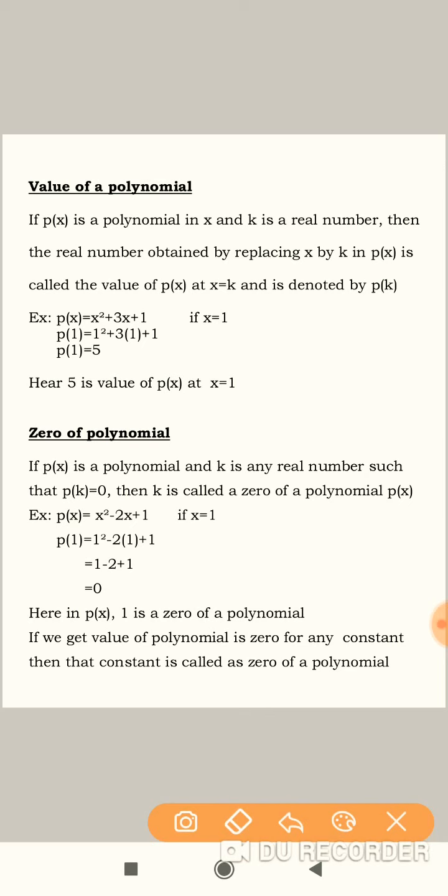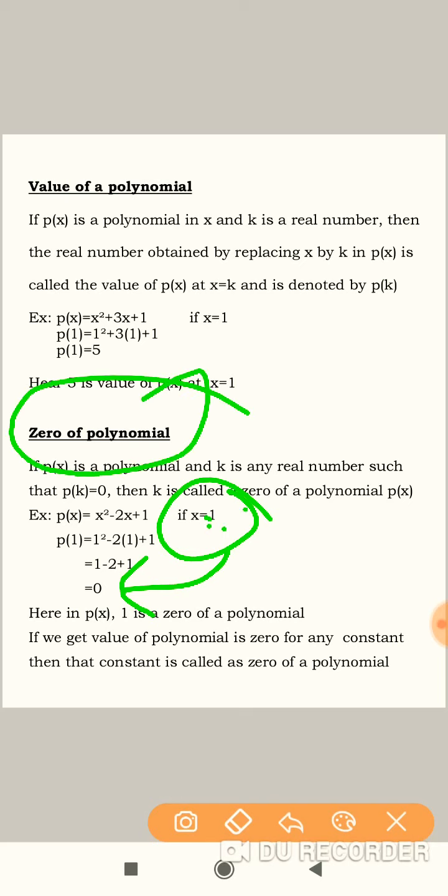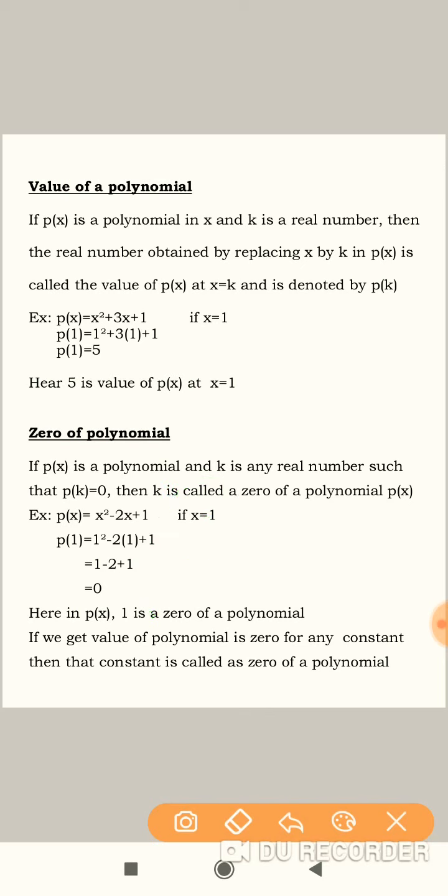So for whatever constant value of x you get the result 0, that constant is a zero of the polynomial. Here, in this polynomial, 1 is called a zero of the polynomial.